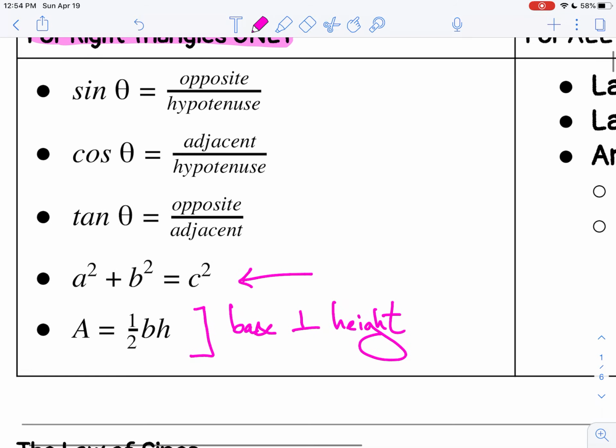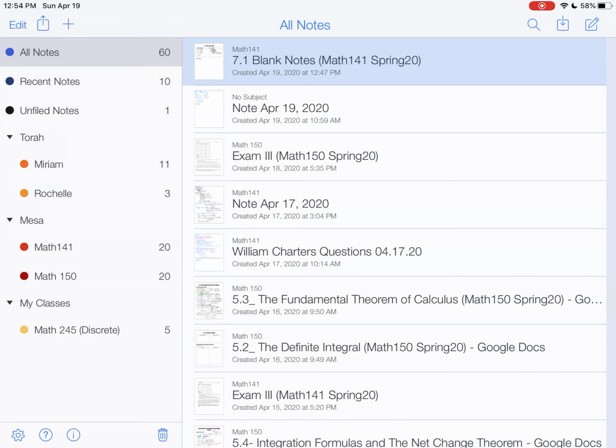And a word that you may have heard in the past is that instead of using the word base, we call it an altitude, and it has to be perpendicular to the opposite side, okay? So those are some limitations in what we know about right triangles.